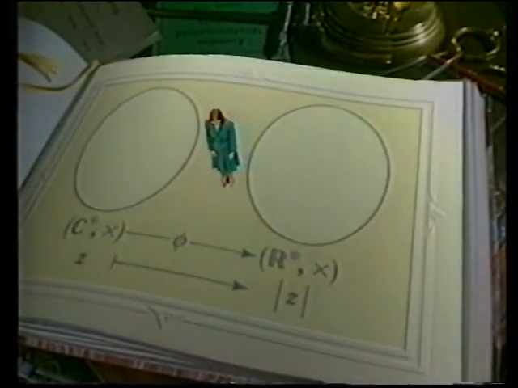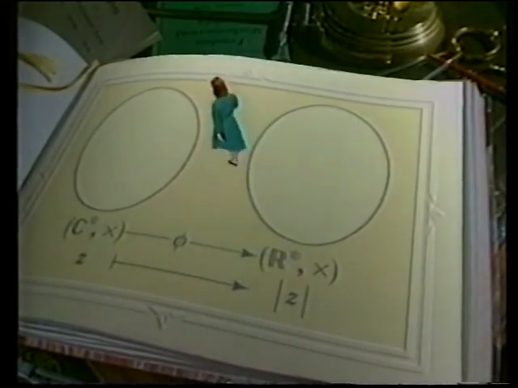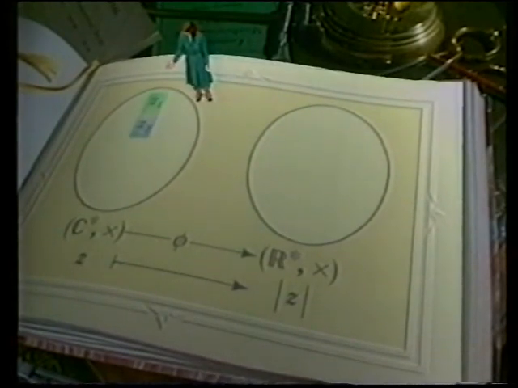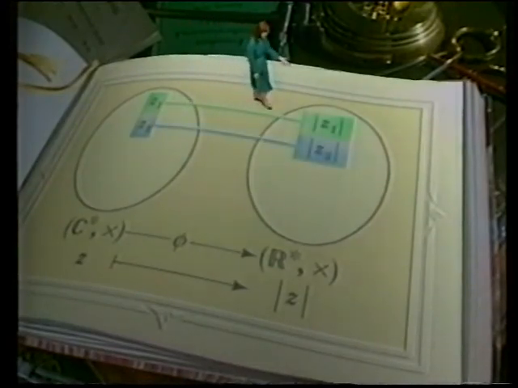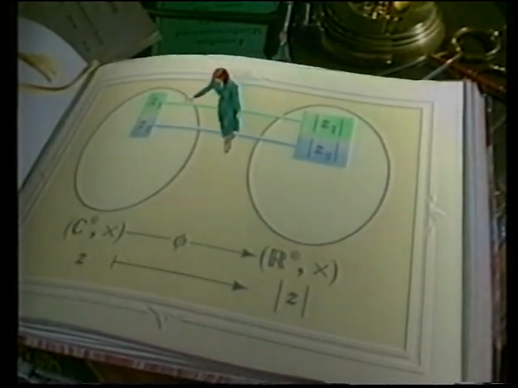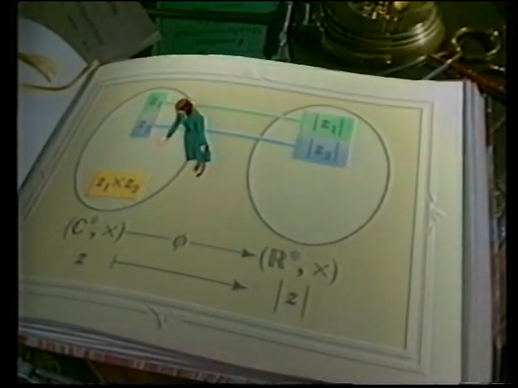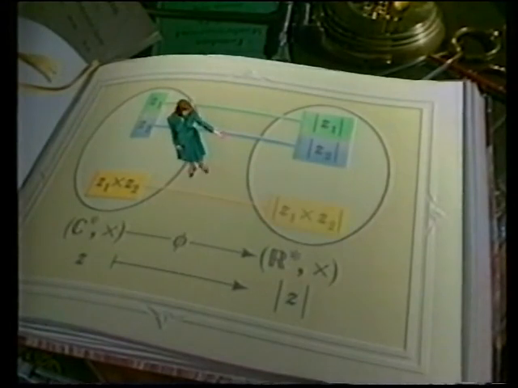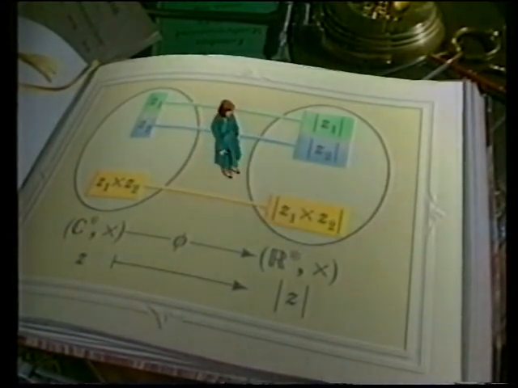Let's check that phi is a homomorphism by seeing if it preserves products. Take any two complex numbers Z1 and Z2. Under phi, Z1 maps to mod Z1 and Z2 maps to mod Z2. The product of these two complex numbers is just the complex number Z1 times Z2, and that maps to its modulus.